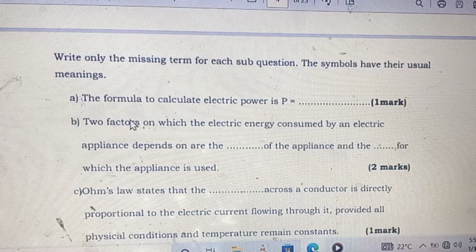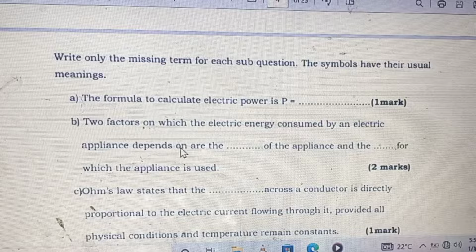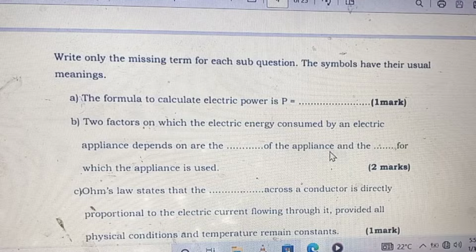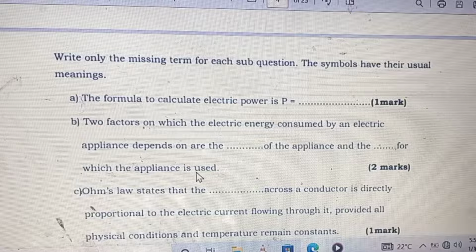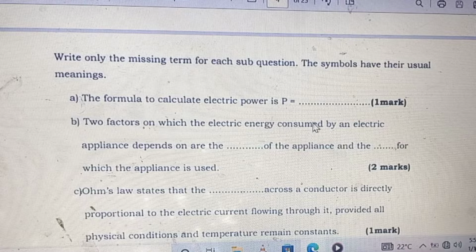B. Two factors on which the electric energy consumed by an electric appliance depends are the dash dash of the appliance and the dash dash for which the appliance is used. The correct answers to put here are resistance, and here is time.